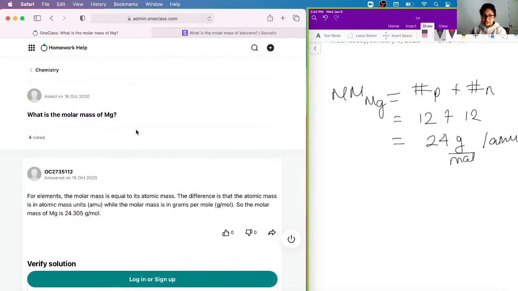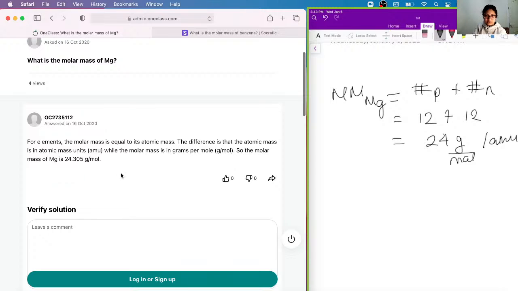Since we're talking about only one magnesium atom here, this is the molar mass of one magnesium atom or mole. Here I just rounded it, but whatever is given in the periodic table is the exact number. This solution is also correct.